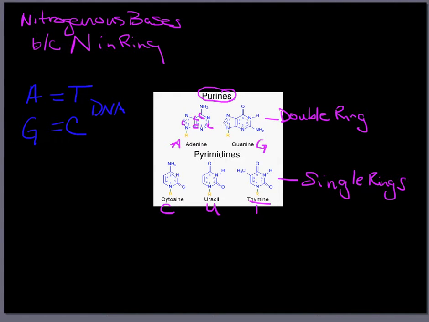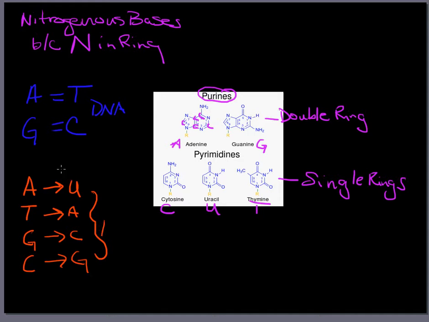When we're working with RNA, A is going to match to U. T is going to match to A. G is going to match to C, and C is going to match to G. And this is when we're going from DNA, which are these guys, to a transcribed RNA.